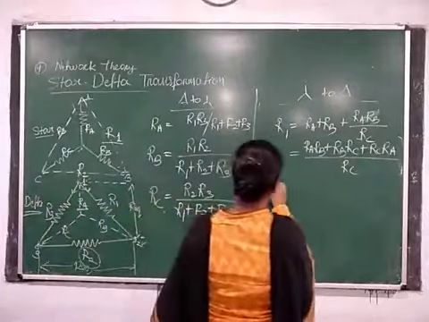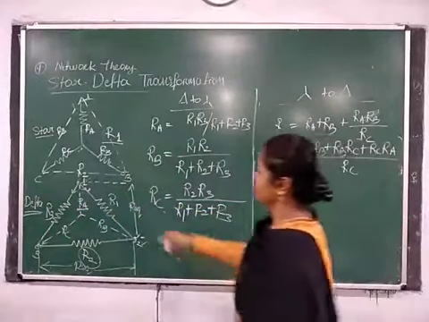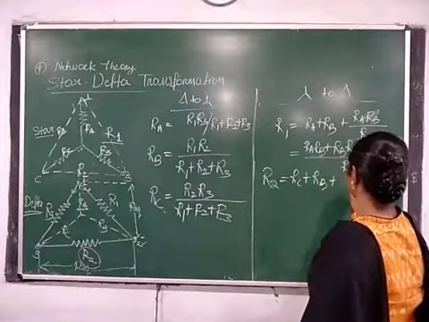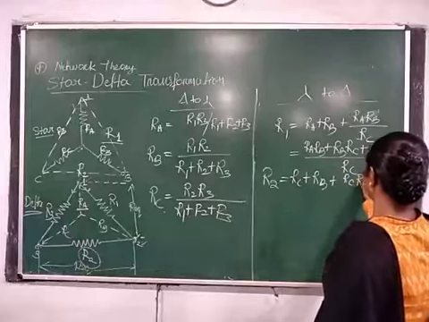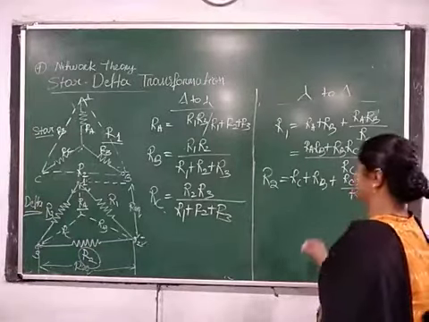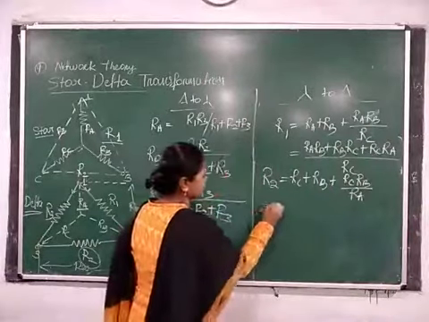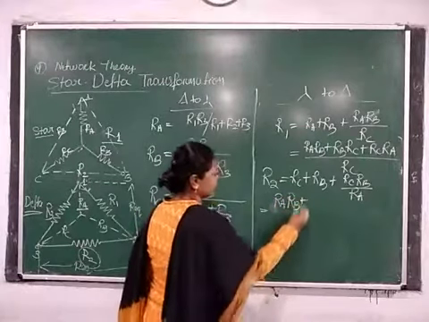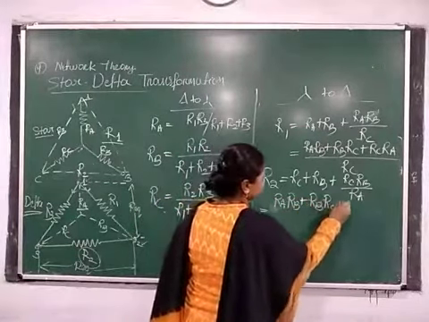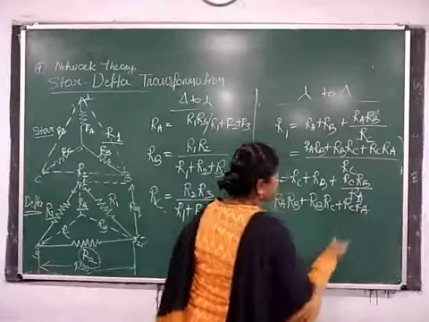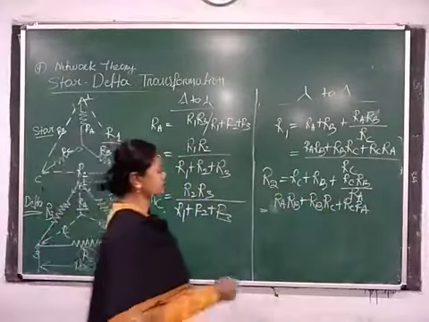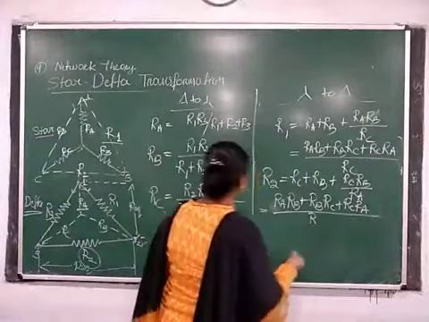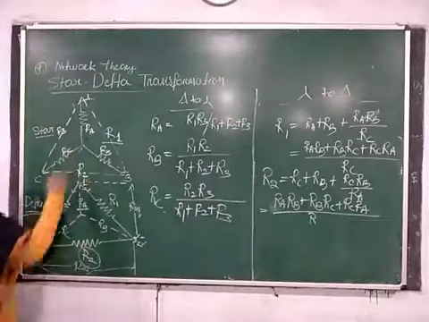Similarly, you get R2, this one. This is RC plus RB divided by RA. Or if you simplify this equation, you get RA RB plus RB RC plus RC RA, the addition of the cross multiplication of the resistances in star divided by the resistance in star opposite to delta. What were we finding here? R2, its opposite is RA.